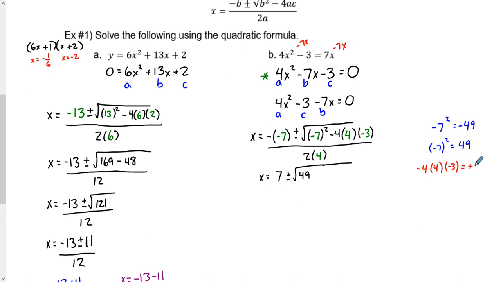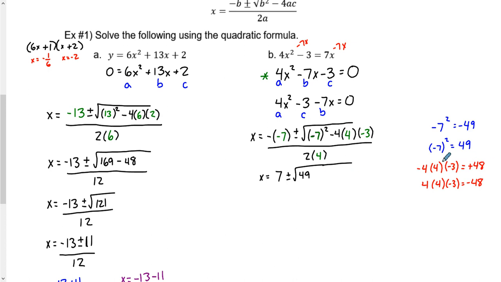That's a +48. Or you can treat it as 4 being multiplied by 4 being multiplied by -3, which is -48.